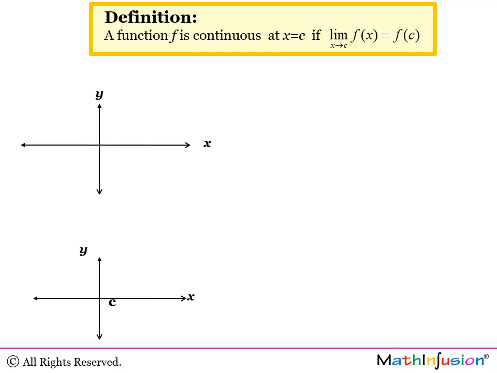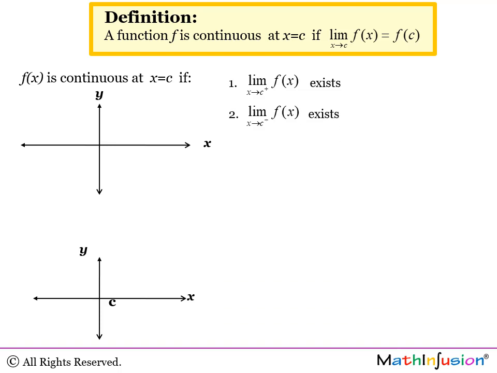Now we want to dig more into this very important definition of a function to be continuous. The definition says that first of all there is a limit, which means we have 1, the limit of the function when x approaches c from the right exists, and 2, also the limit of the function when x approaches c from the left exists.